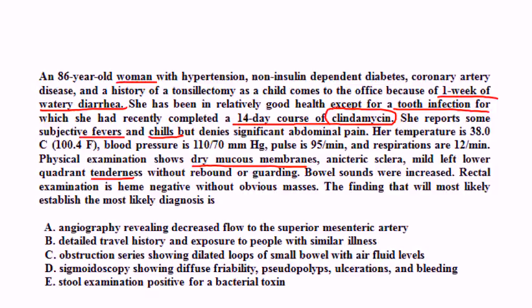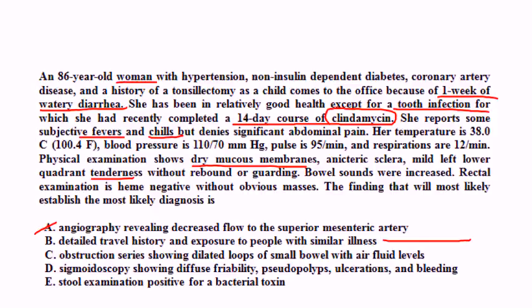Alright, so we got angiography revealing decreased blood flow to the superior mesenteric artery. Well, that seems like a bit of a long shot. Detailed travel history and exposure to people with similar illnesses. Well, that sounds like a good option. We'll keep that one. Obstruction series showing dilated loops of small bowel with air fluid levels.